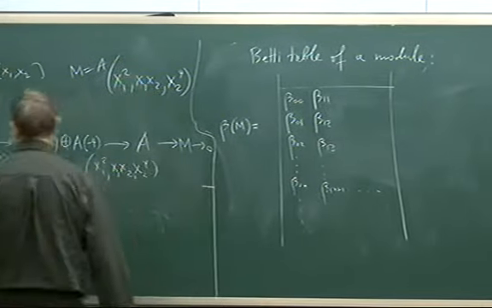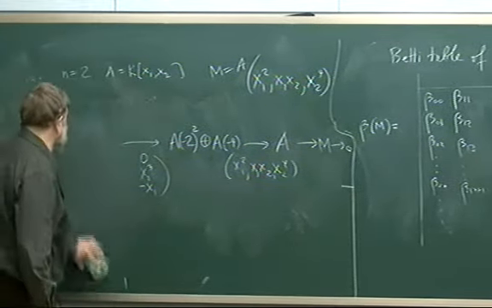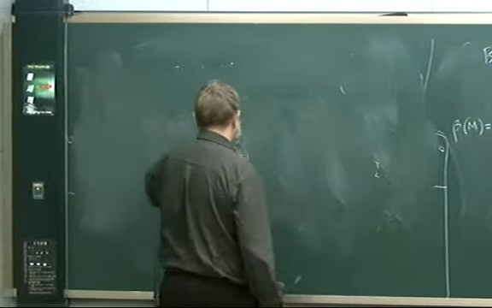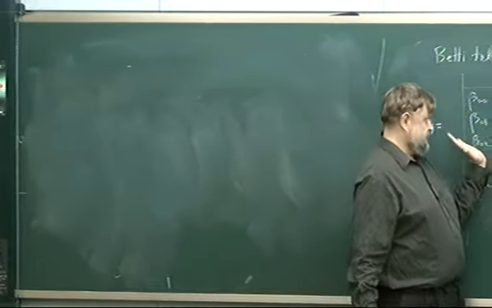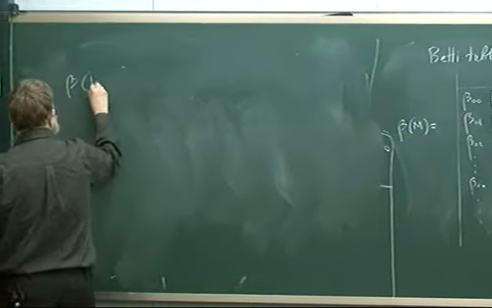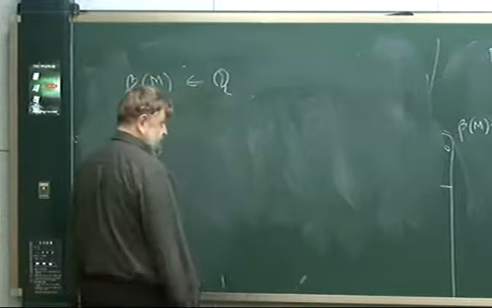Okay, so that was the insight. So what they did, they said, okay, let's define the normalized Betti table. First of all, let's treat the Betti table as just a vector with rational coordinates. So beta of m we treat as a vector in a vector space over the rationals.